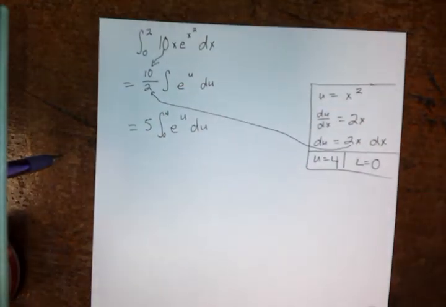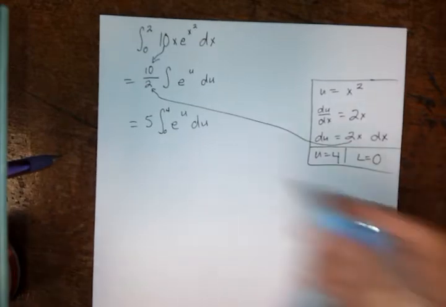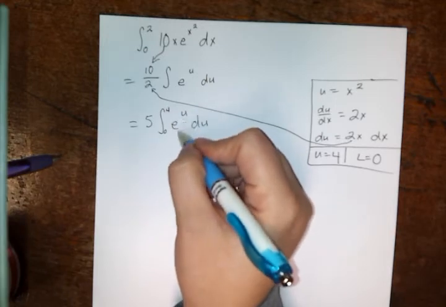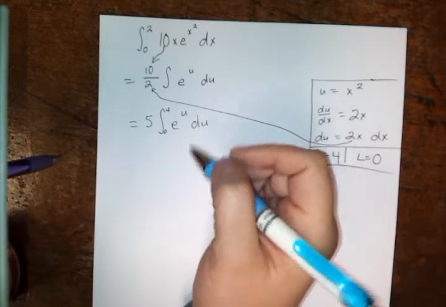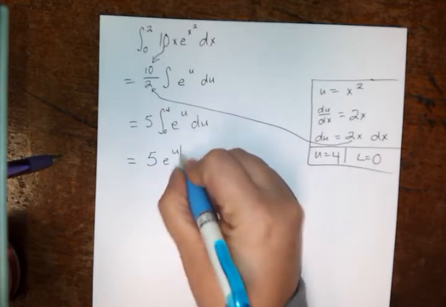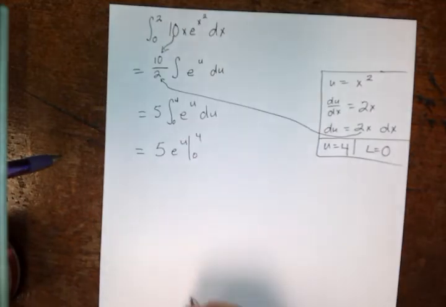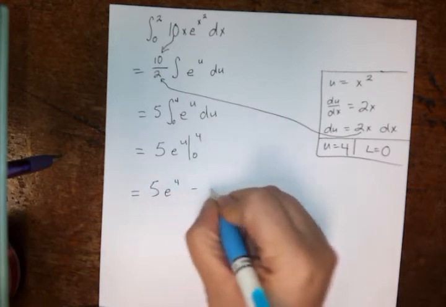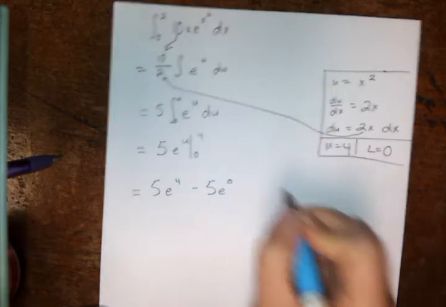Okay? And now we solve, and this one actually is kind of simple because we've got this e to the u, and we know the integral of e to the u is just e to the u. So we've got 5 e to the u from 0 to 4. Plug in our values. That gives us 5 e to the 4th minus 5 e to the 0 power.